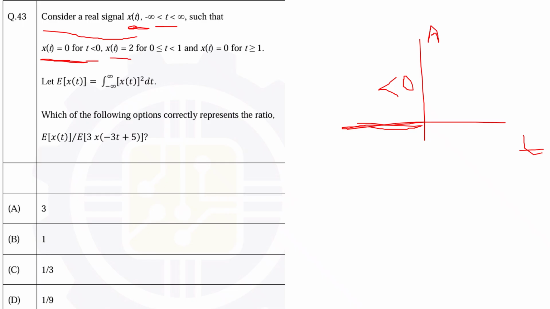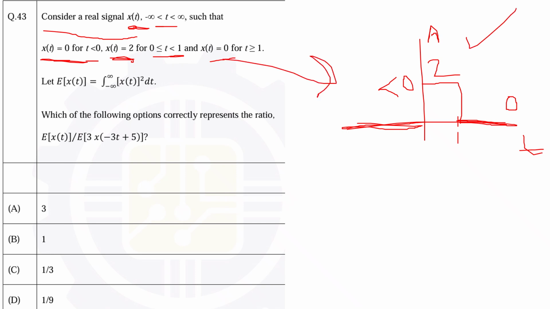Then x(t) is equal to 2 whenever t is between 0 and 1. Suppose this is your 1. So between 0 and 1 the value is 2. Then x(t) is equal to 0 for t greater than 1, again 0 in this region. So this is the graph of x(t) that you can extract from here.